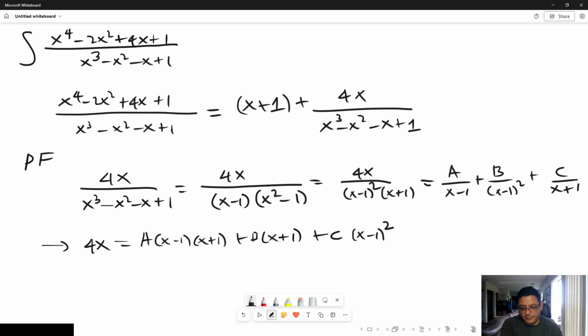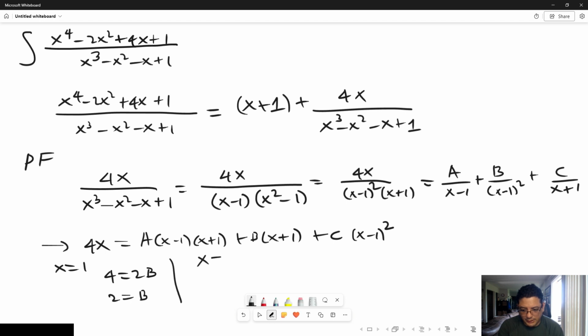And then we can, of course, give different values to find things out. For example, if I do x equals 1, then I get 4, and this goes away, and this goes away. It's going to be 2b, and so b is equal to 2.